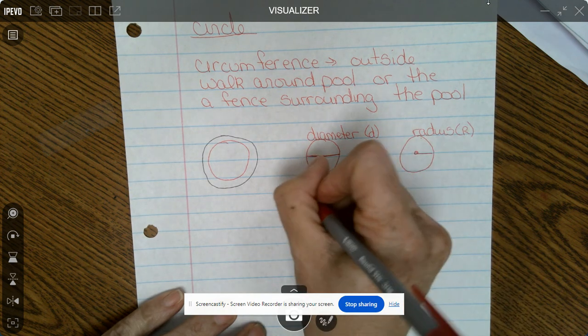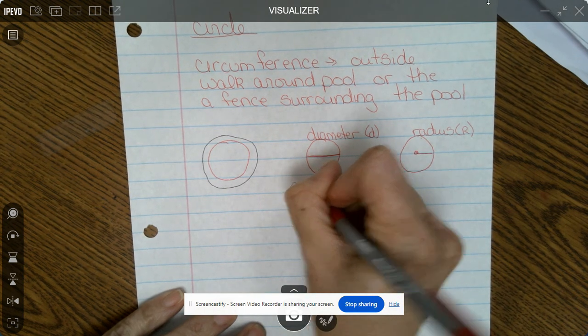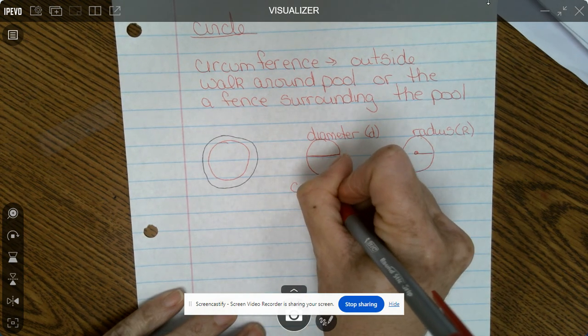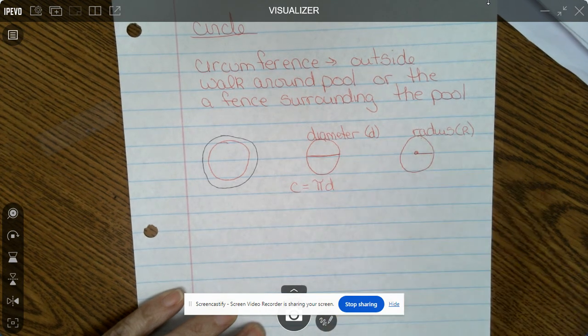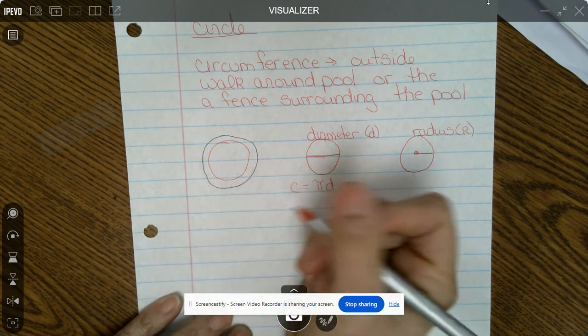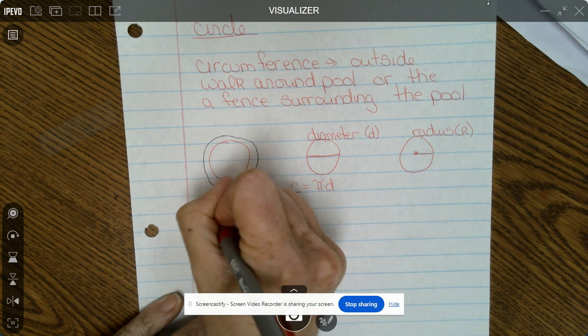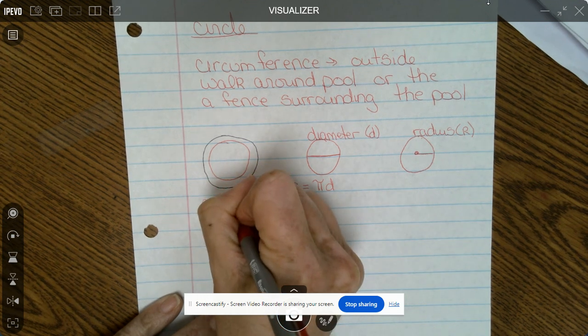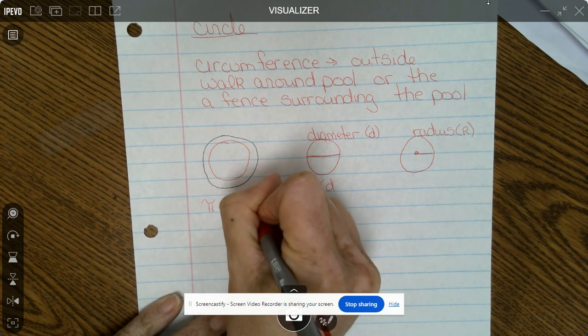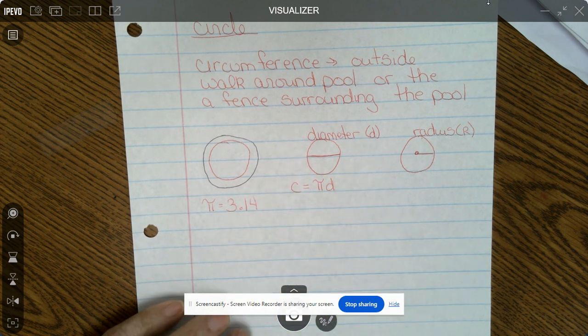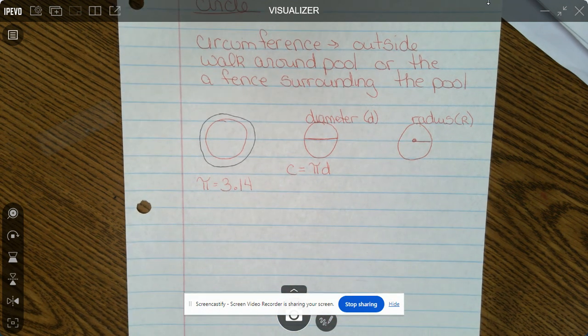All right, so the circumference equals pi d. And in 7th grade, pi will always be referred to as 3.14. Now there is a pi button on your calculator, but do not use that.